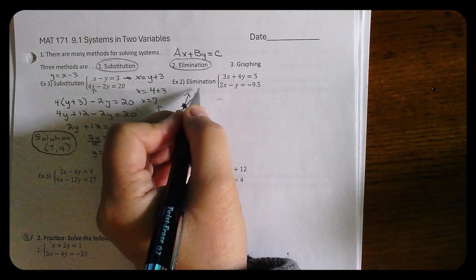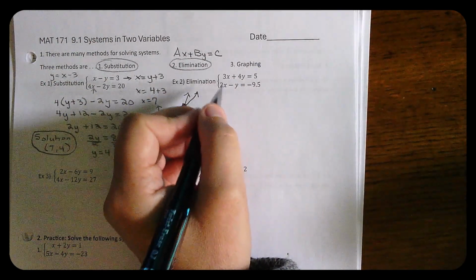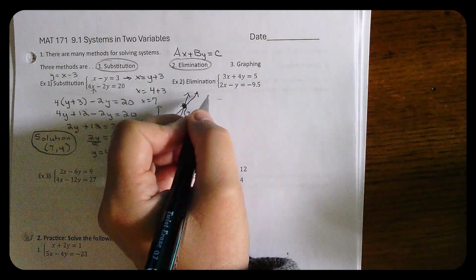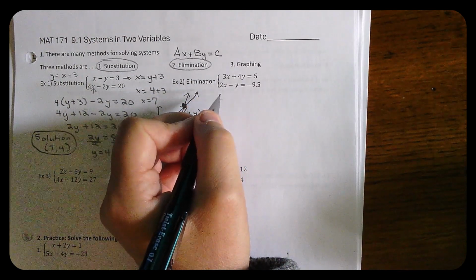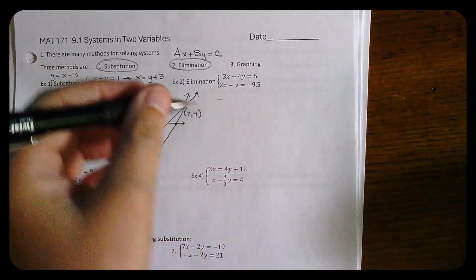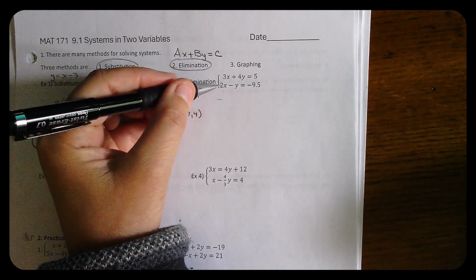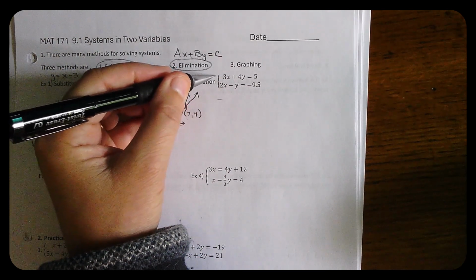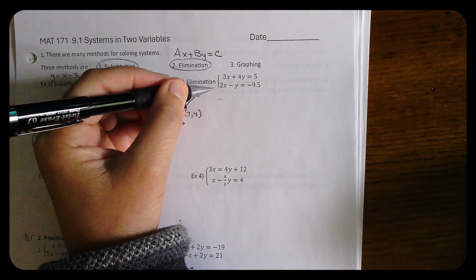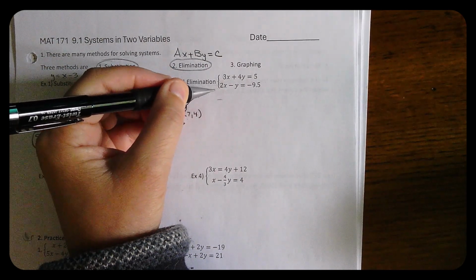So elimination is when you use multiplication to get opposites, so that when you add the two equations together, one of the variables cancels out. So there's something called a target number. If I want to eliminate the x's, then the least common multiple of 2 and 3 is 6. So I could multiply this top equation by 2 and this bottom equation by -3 to get 6x and -6x.